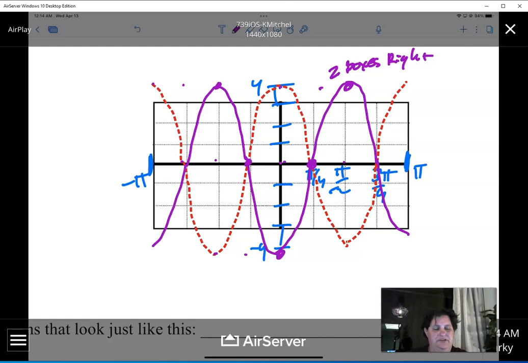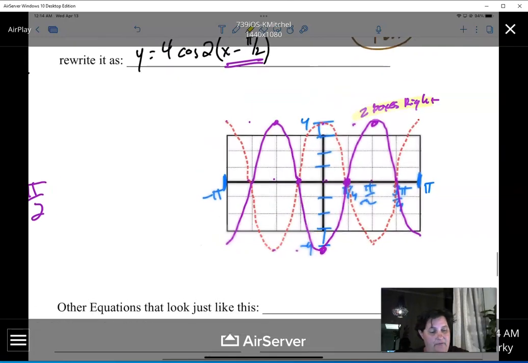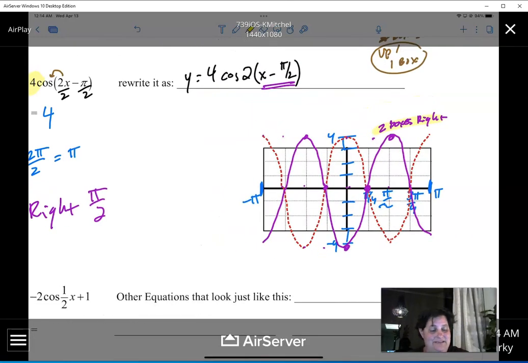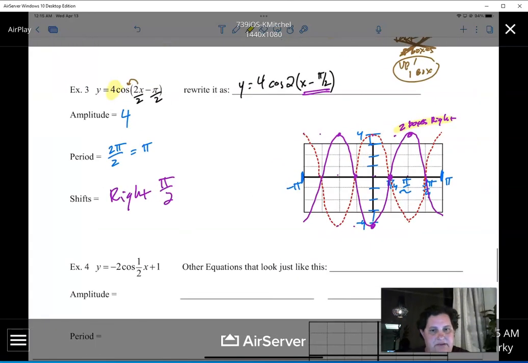Now, what's super interesting about this is moving it right pi over 2 is the same as doing what in this case? It's the same as flipping it upside down, right? So moving right 2 boxes is the same as taking the original one and flipping it upside down. So there's always multiple ways to write these things. All right, does that make sense?